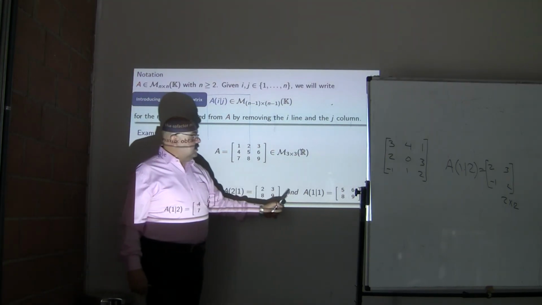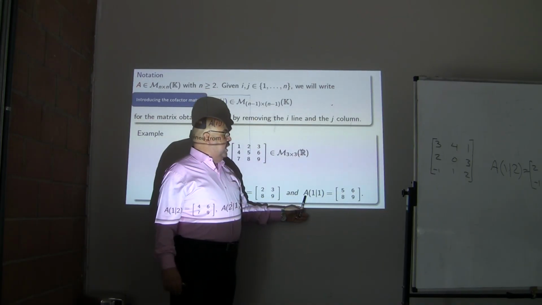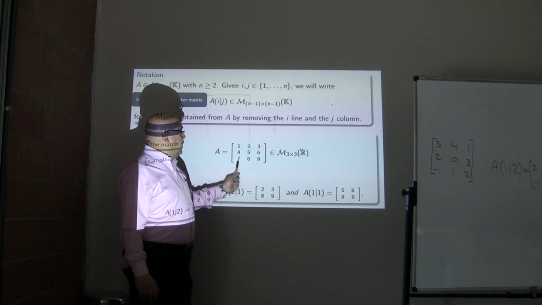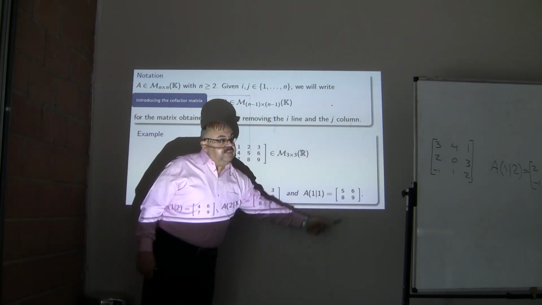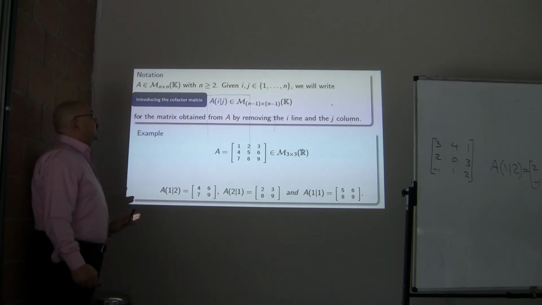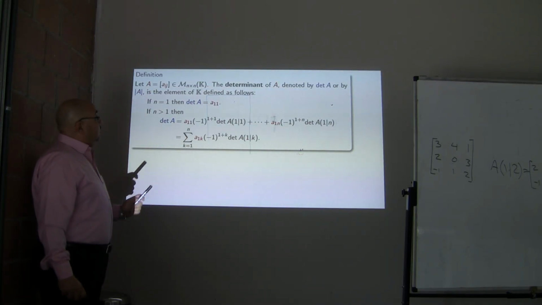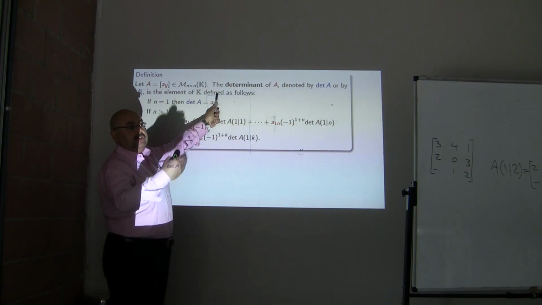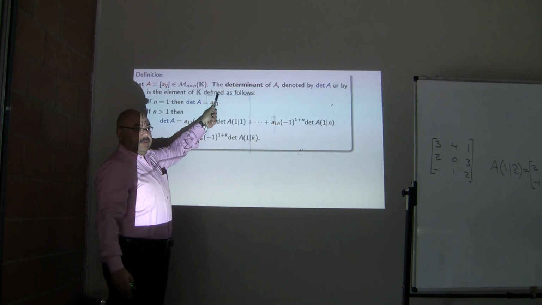If I want the matrix corresponding to the element 1, 1, I eliminate the first row and first column, so the numbers are 5, 6, 8, and 9, and that's a 2 by 2 matrix. Just consolidating this fact, it only introduces how to evaluate the determinant. Are you with me?